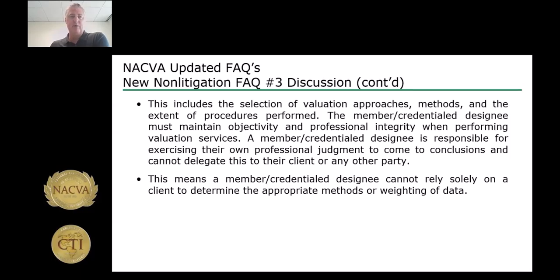Again, this means a member credential designee cannot rely solely on a client to determine the appropriate methods or weighting of data. And I think the important thing there is solely. Again, in a calculation engagement, there may be a discussion, but there has to be input between the member credential designee and the client.